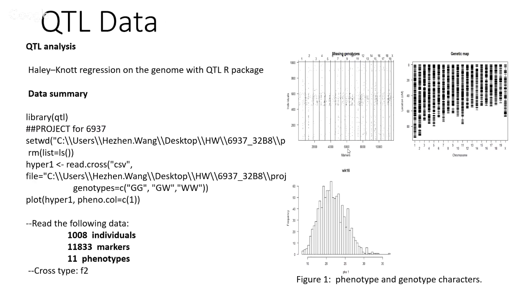The first figure shows the markers with the individual mice. We can see the missing genotypes. The second figure shows the chromosomes and the locations in the genetic map. The last graph is the frequency of weight 16.